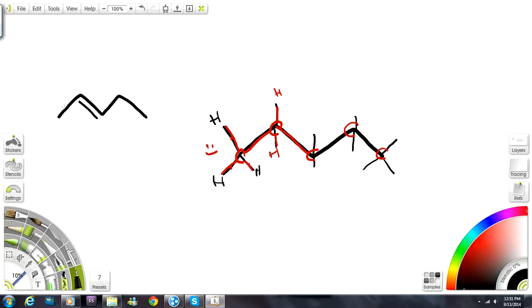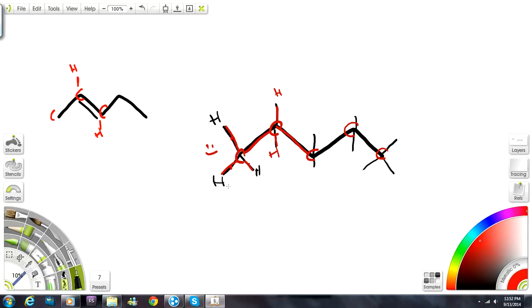Now, since this carbon is doubly bound to this carbon, there will only be 1 hydrogen coming off each of these, because remember, carbon only bonds 4 times, and we can't break the octet rule, where every element is only allowed to have 8 electrons around it. So this carbon is bound here, it's got a double bond to this carbon, and another bond up there.